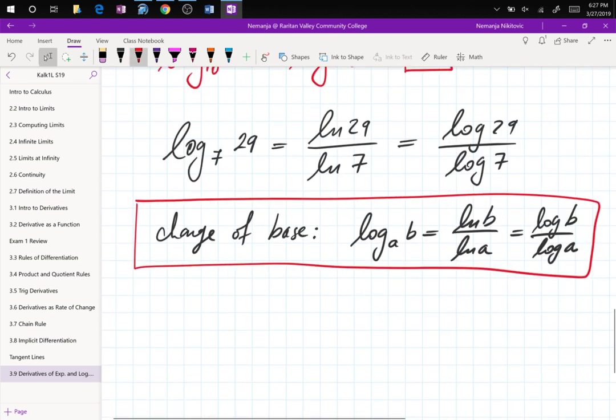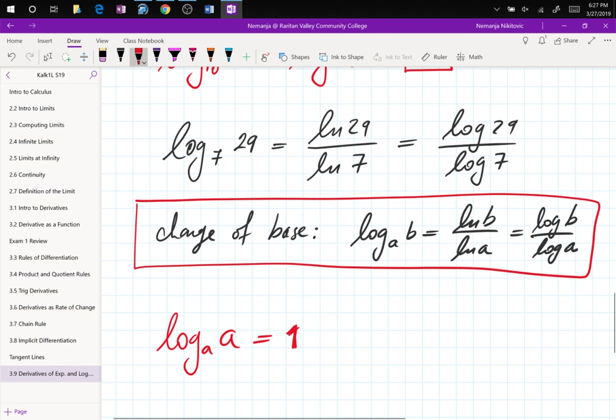There are two formulas which I call cute formulas, where you learn that log base a of a is equal to 1. So log base a of a equals 1.